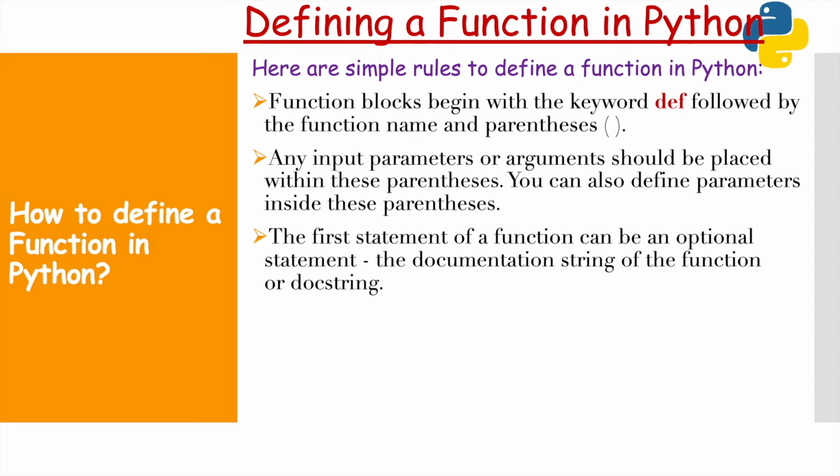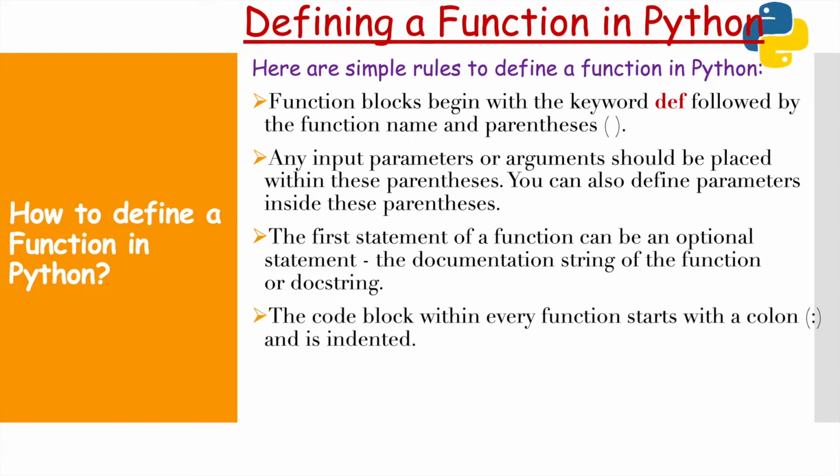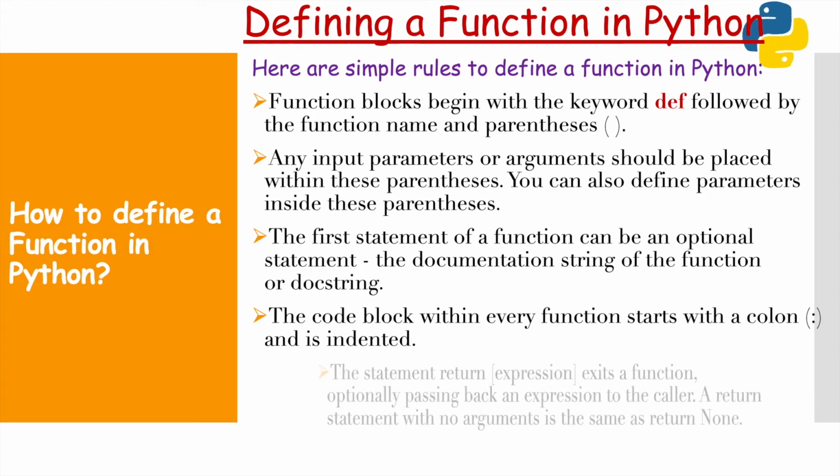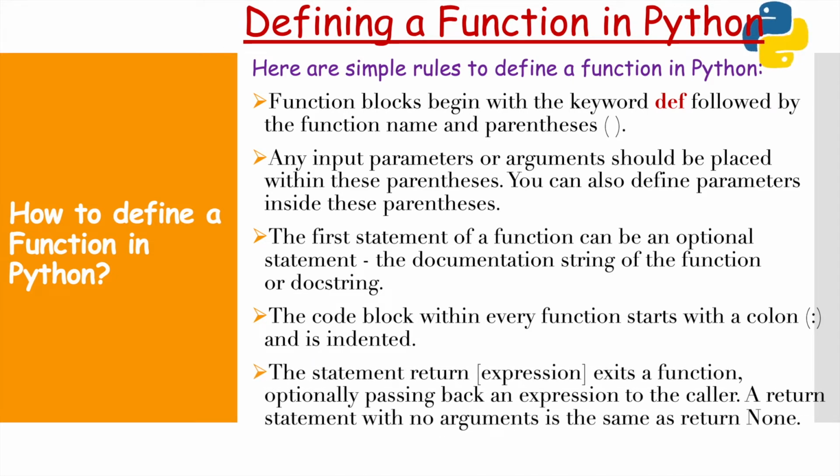The first statement of a function can be an optional statement, the documentation string of the function or the docstring. And the code block within every function starts with a colon and is indented. The statement return expression exits a function, optionally passing back an expression to the caller. A return statement with no arguments is the same as return None.